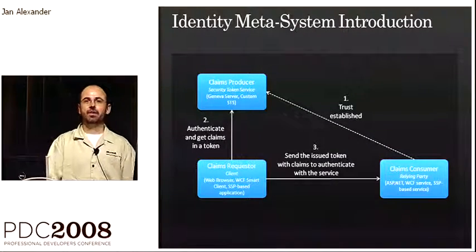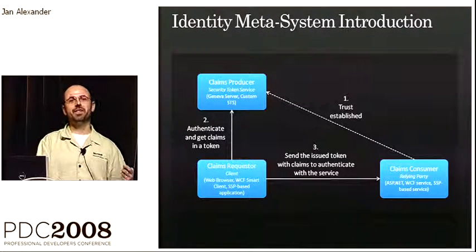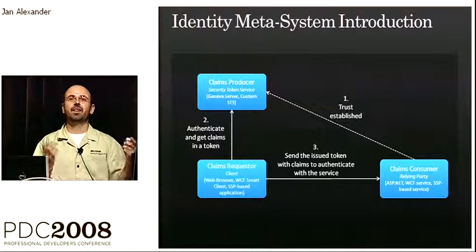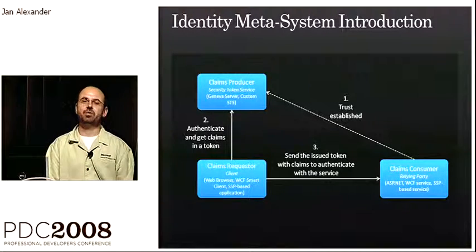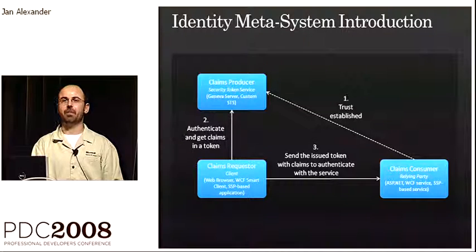And then there is a requester, who requests claims from producers and sends claims to consumers. This is usually a user or some client machine; whoever needs a service usually plays that role. The consumer we sometimes call the relying party, and it is usually the provider of the service.